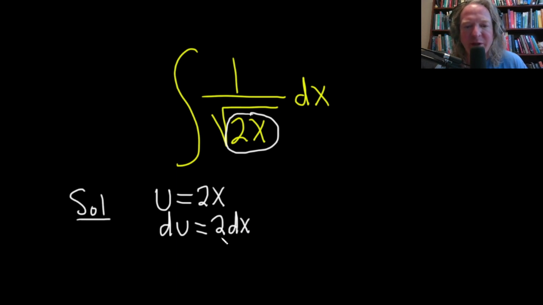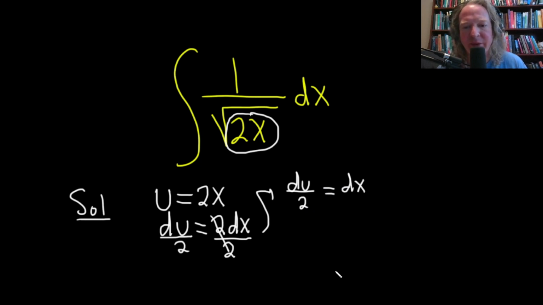At this point, you want this to look like what's up here. So you don't really have a 2 hanging out up here. So let's get rid of this 2 by simply dividing both sides by the 2. That leaves us with du over 2, and that's equal to dx. All right, and we can write this in a more convenient way.